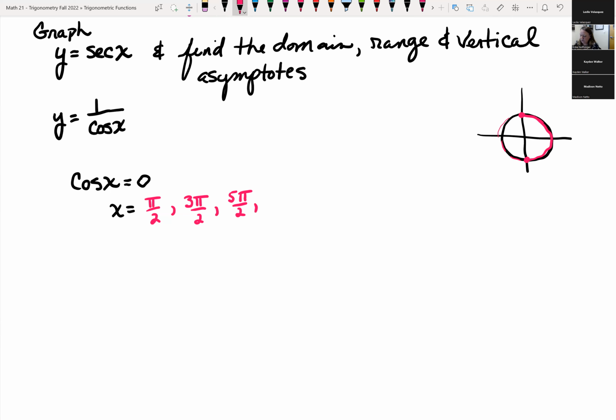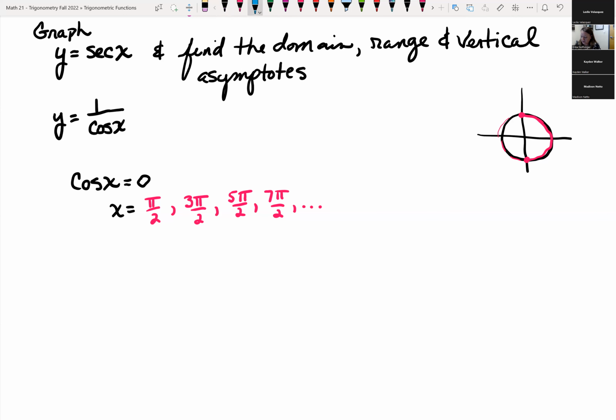And so we can keep looping around. 7 pi halves. So these are going to be where vertical asymptotes occur, but we can also go in the clockwise direction.